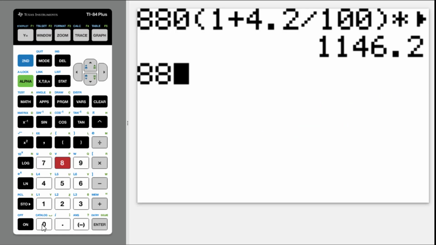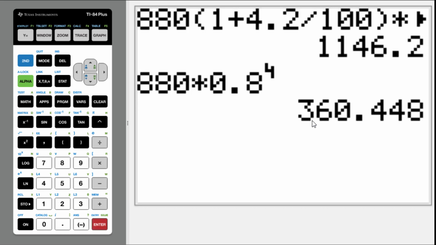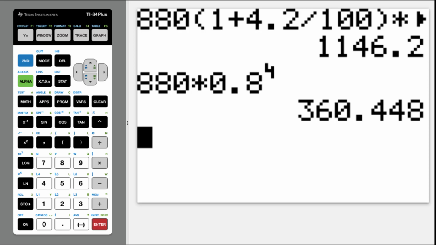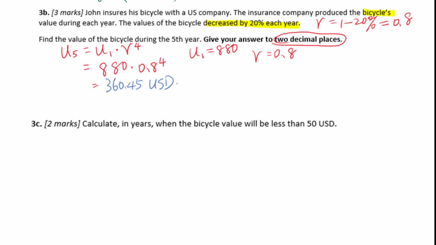The answer is $360.45. Remember, you need to round your answer to 2 decimal places. $360.45 US dollars.